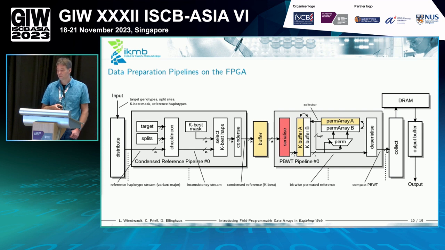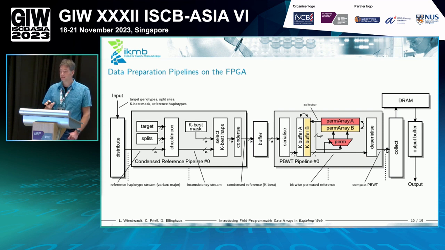And then we start with the interesting part here with the PBWT, where all this data is run into the buffer. And we create a permutation array, which for the first site is the identity. When we read them out, we switch buffer A and B and permutation array A and B. When we read out the buffer, we read it out permuted according to the permutation array.